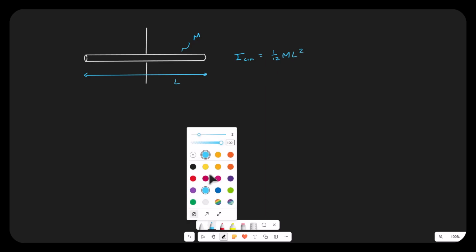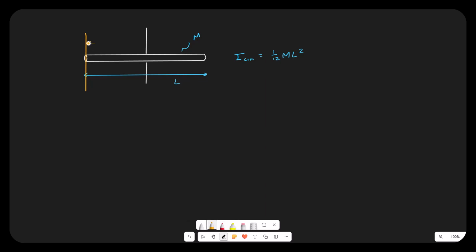So what happens if I shift the axis to the end? Well, the distance between this and the center is just L over 2 now.